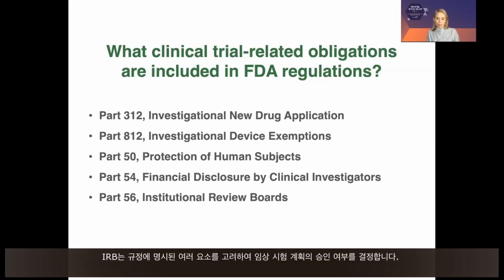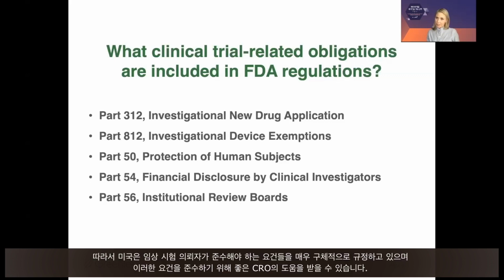And the IRB really approves or decides not to approve the research and considers a number of factors as stated in the regulations in making that determination. So there are very, very detailed requirements in the US that the sponsor must comply with and can lean on a good CRO to ensure that those compliance requirements are met.